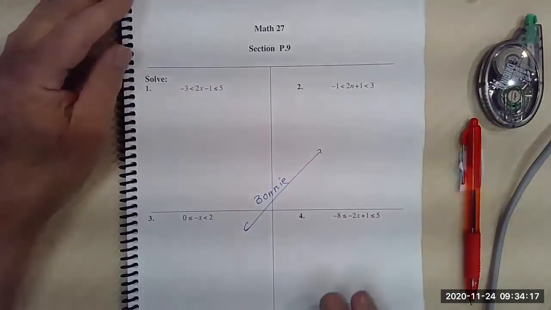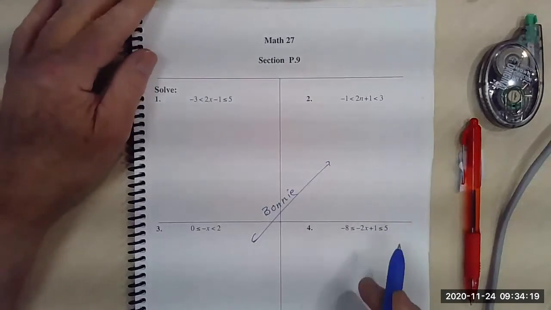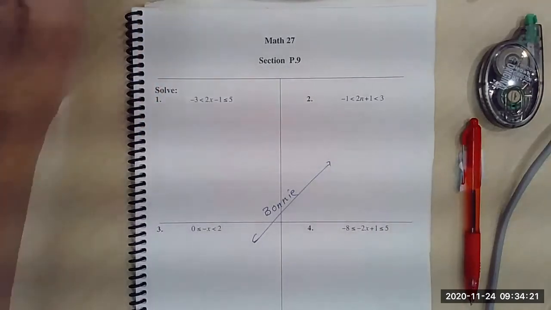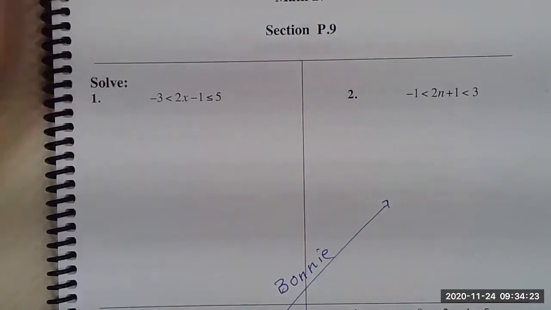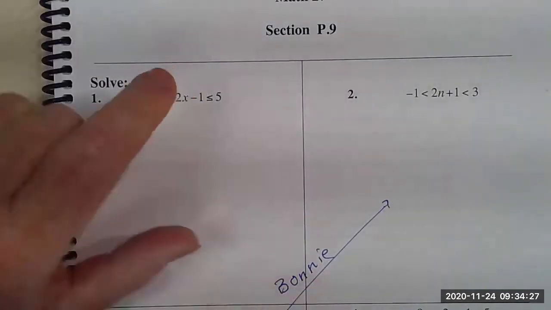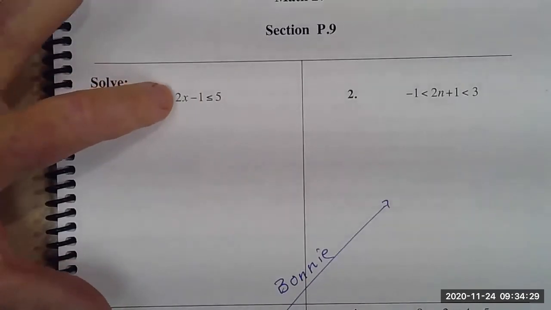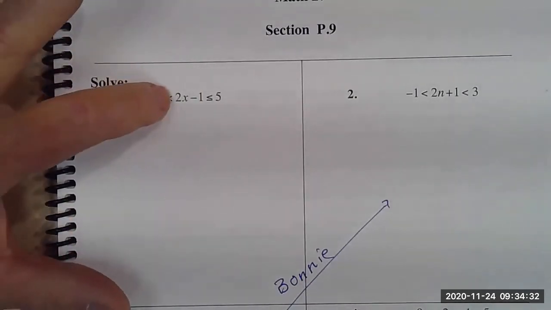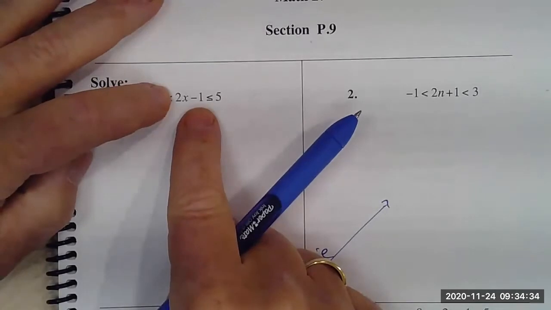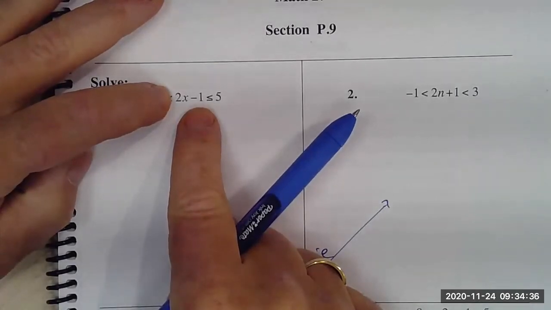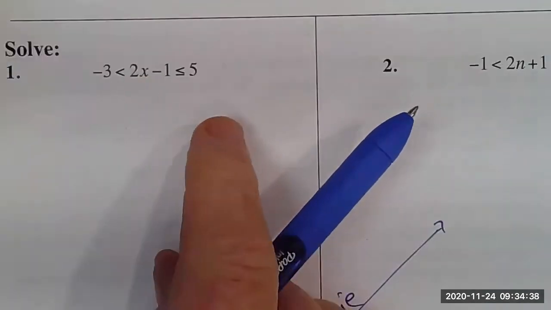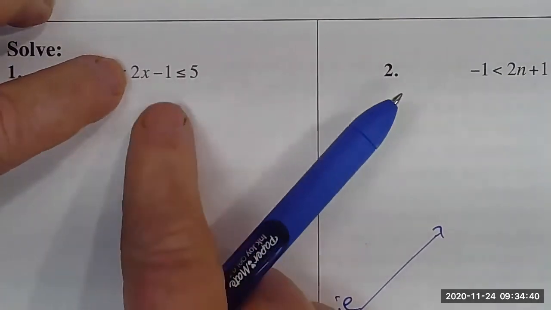All right, so the strategy is to keep the variable in the middle. So keep it there in the middle. If I had it without the extra inequality, the process would move the 1 first. Agreed? Move the 1 first. If I didn't have this part over here, move the 1 first.